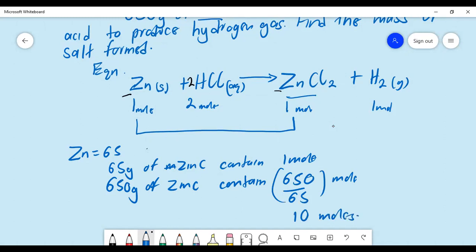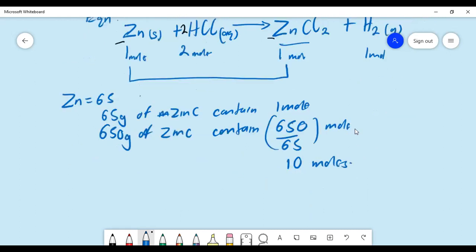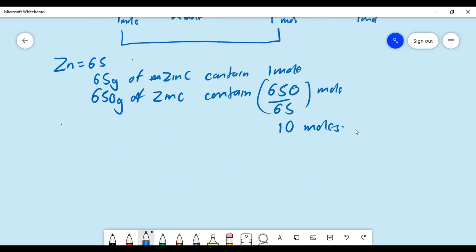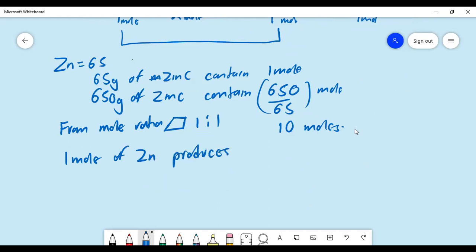But now, if you are to compare, they are in a ratio of 1 to 1. That means 1 mole produces 1 mole. That means 10 moles will also produce what? 10 moles. Therefore, from the mole ratio, which is 1 to 1, we shall say 1 mole of zinc produces, because it is a salt that is produced, 1 mole of zinc 2 chloride.